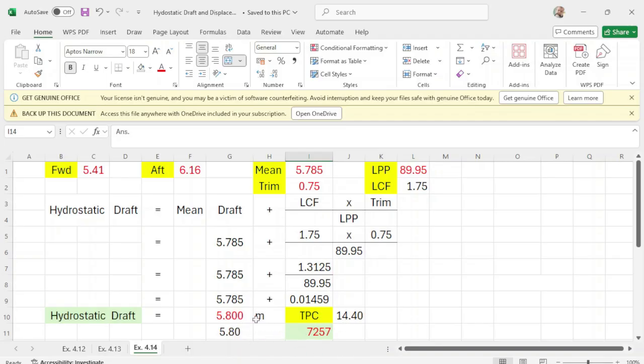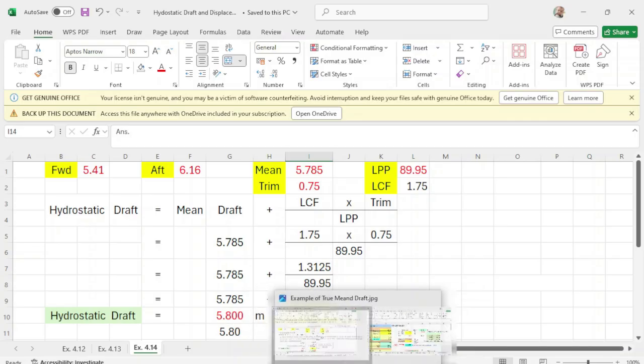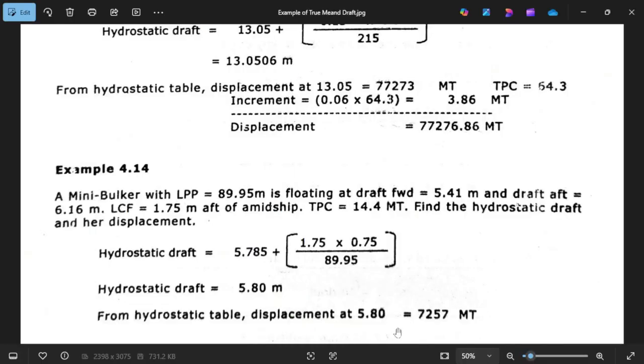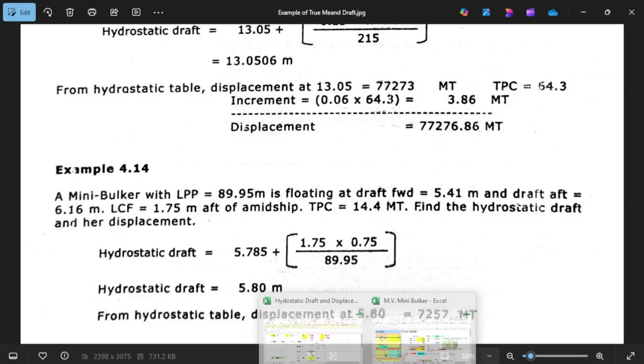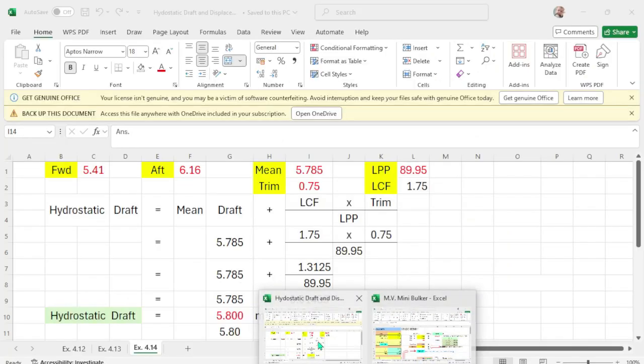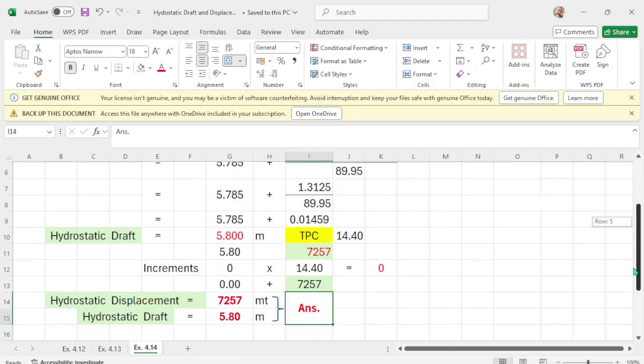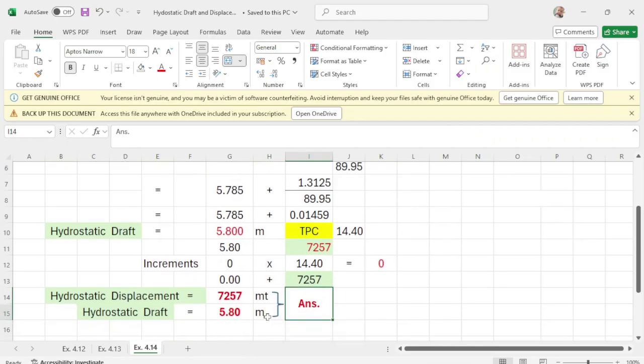Okay, so what is the displacement of 5.80? 5.80 is 7257.